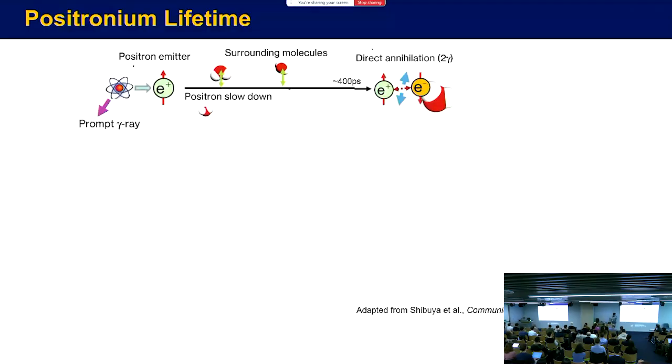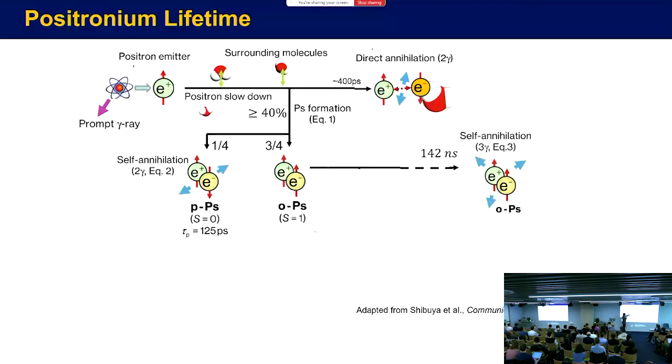Before this annihilation occurs, about 40% of positrons actually form a positronium. Essentially, it's an exotic, short-lived atom formed between a positron and an electron, orbiting around each other.